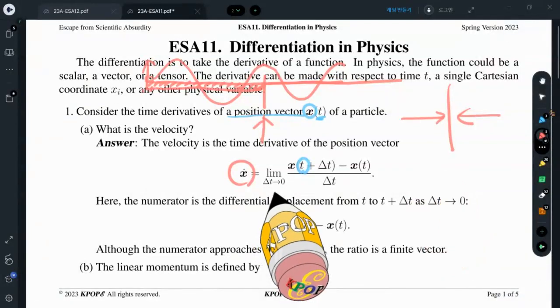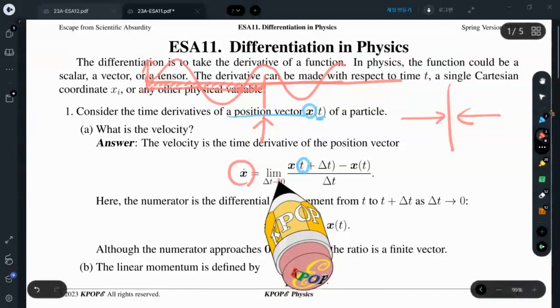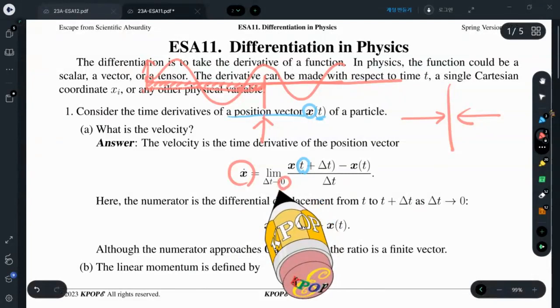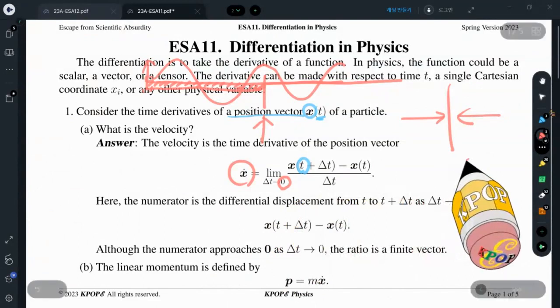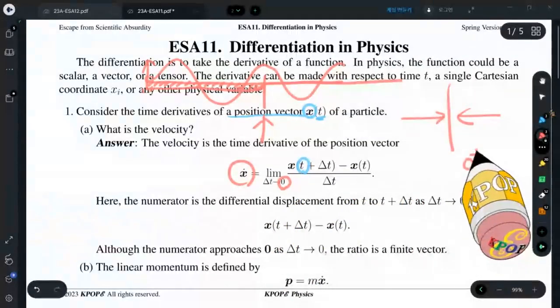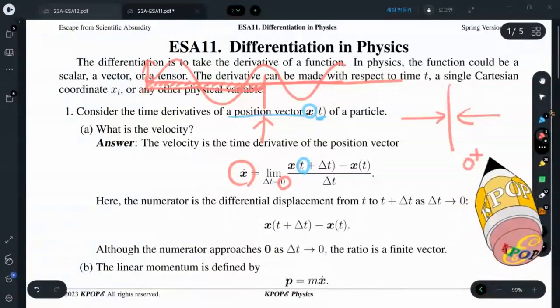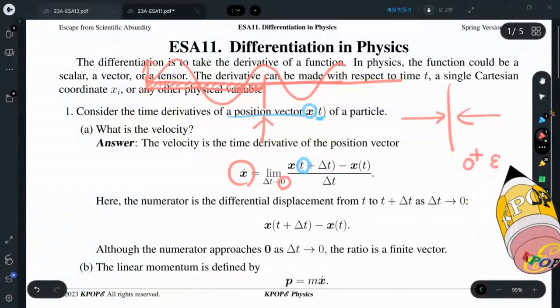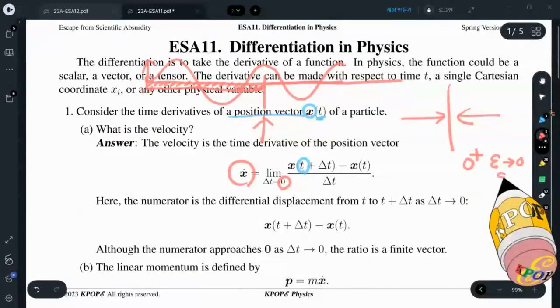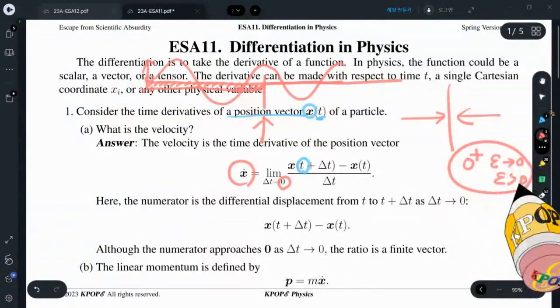So in that case, you have to distinguish whether this zero is a positive or negative. So in some case, we use a special notation, a zero plus, that is epsilon goes to zero, but epsilon is a positive.